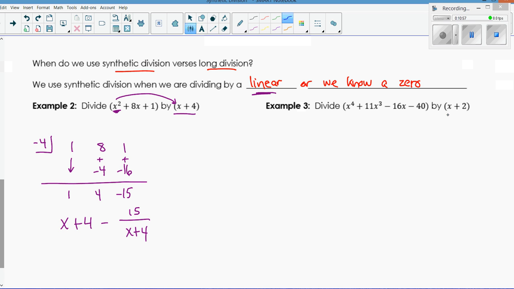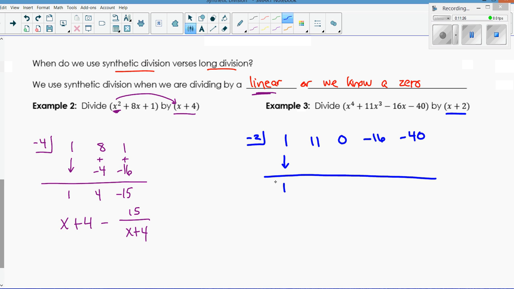Alright, my solution would be negative 2. My coefficients, now we have to be careful because it goes x to the 4th, 3rd, and then a constant, so remember I need placeholders. So my first coefficient is 1, and then 11, and then I don't have an x squared, so 0, and then negative 16, and then negative 4. Okay, I draw my line. First, I bring down my 1.